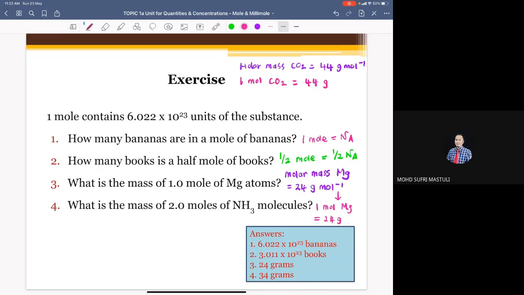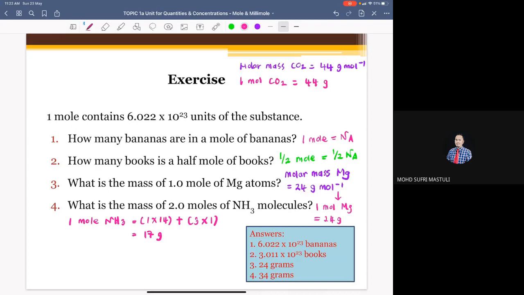First you have to calculate 1 mole of ammonia, which contains 1 times 14 plus 3 times 1, equivalent to 17 grams.